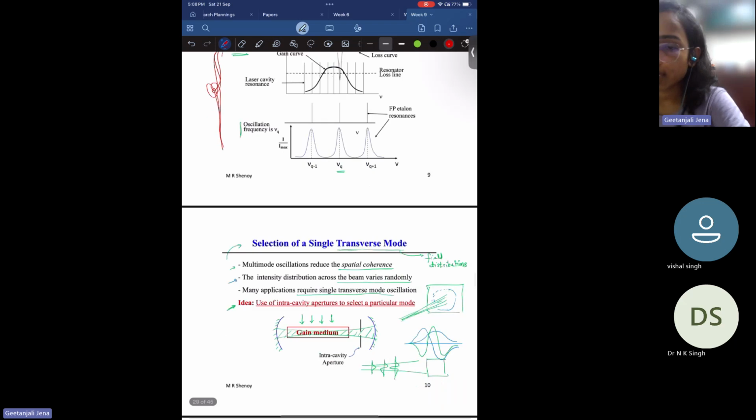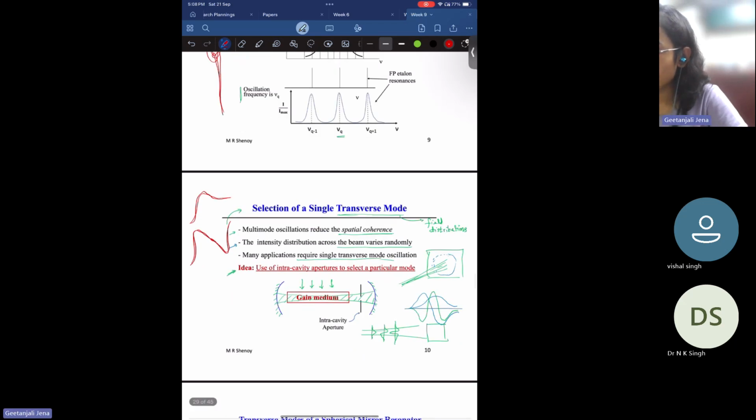So now we'll see. Initially we have seen how to filter out one single longitudinal mode. Now we'll see if you want a particular pattern. Let's say you want a Gaussian pattern like this for a particular application, or you want a pattern like this, then how can you achieve this?